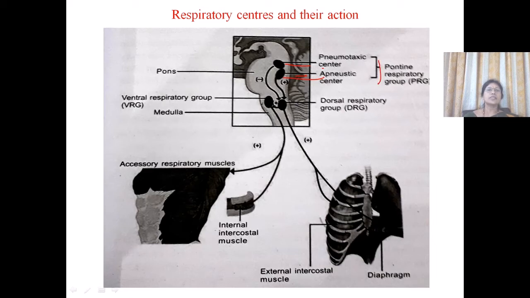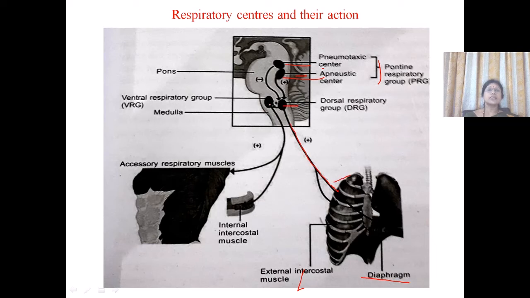And this is a ventral respiratory group and dorsal respiratory group, which are present in the medulla. The dorsal respiratory group neurons innervate the lower motor neurons, which innervate the external intercostal muscles as well as the diaphragm. So they stimulate the inspiration.